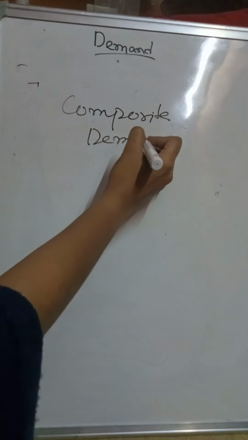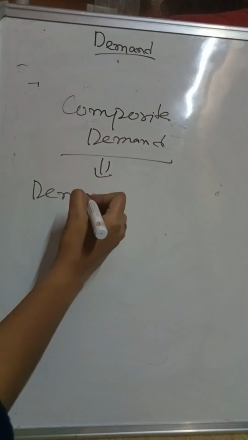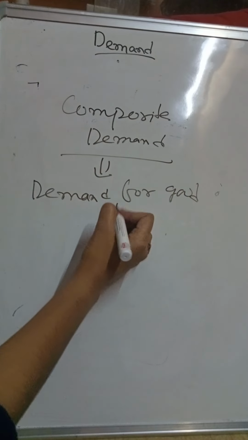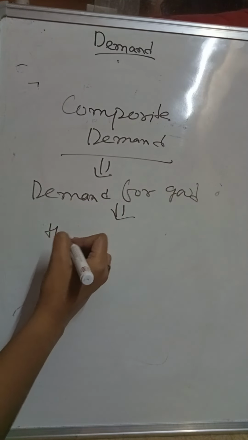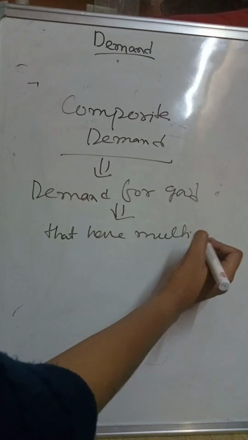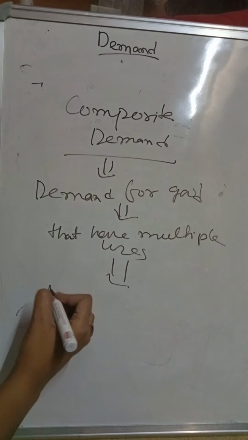So you can say demand for goods that have multiple uses. For example, milk.